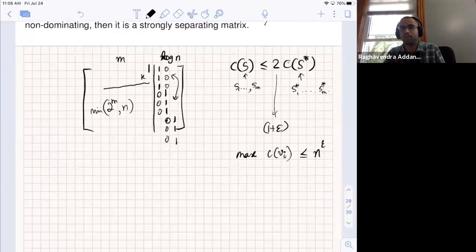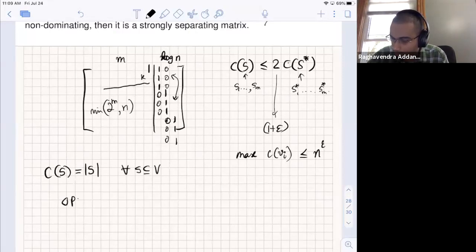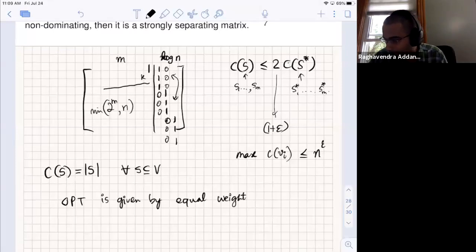So when C of S is the size of S, if this is true for every set, then the optimal is given by equal weight assignment. Not exactly true. I'm skipping one step here. Row vector.